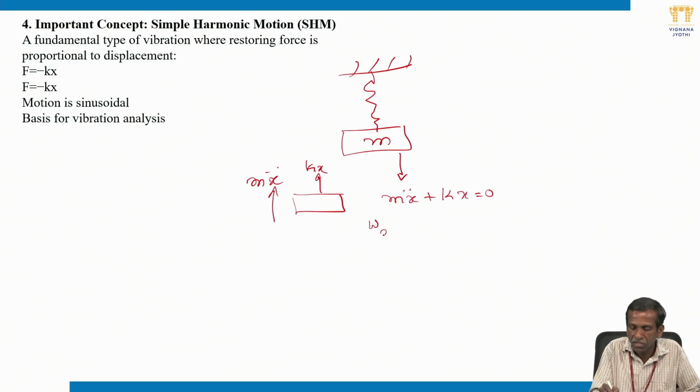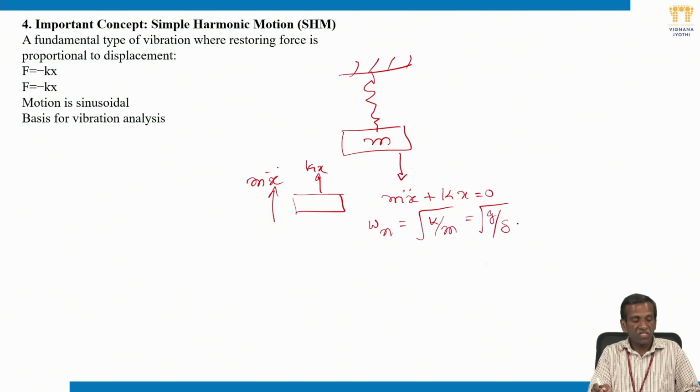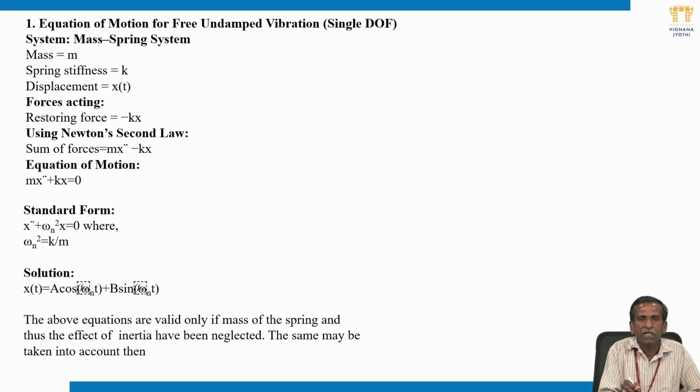The final relation we have seen is natural frequency equal to square root of k by m, or square root of g by delta. So we will see today how the mass of the spring affects this. The solution of this general equation is of the form x equals a cos omega nt plus b sin omega nt. We have seen different forms also in the previous lectures.